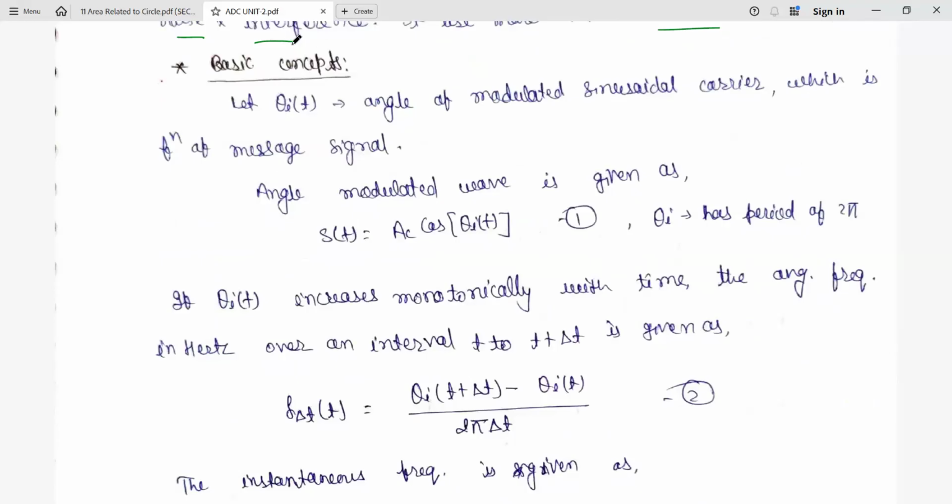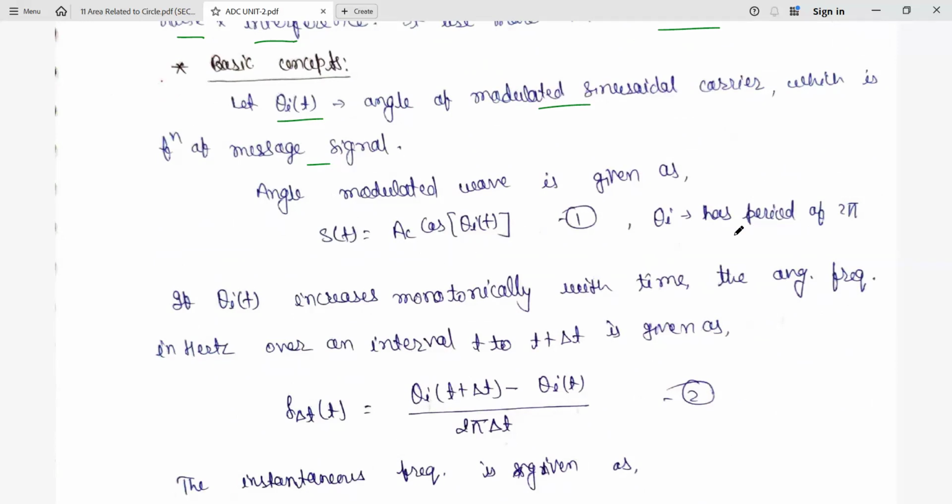So the basic concept of angle modulation: here, we are going to consider the instantaneous value of the angle, that is theta i of t. It is the angle of the modulated sinusoidal carrier. So when the carrier is modulated, it is a function of the message signal here. In case of an angle modulated wave, the standard modulated signal is given as Ac cos theta i of t.